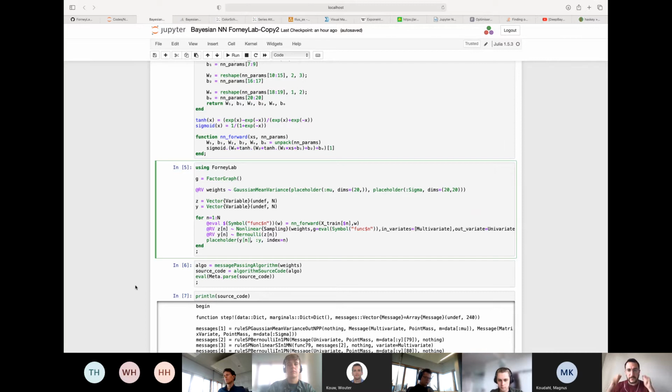Semih, do you really need that eval statement? Couldn't you use an inline function, x with a right arrow, and then forward x? No, it's the way ForneyLab handles these lambda functions, it's impossible.